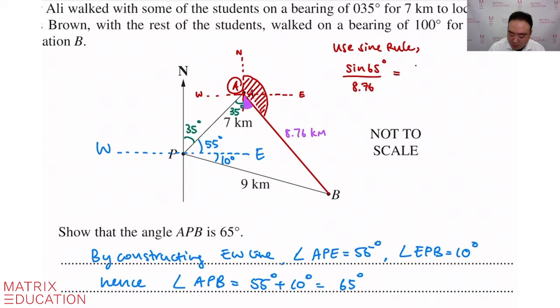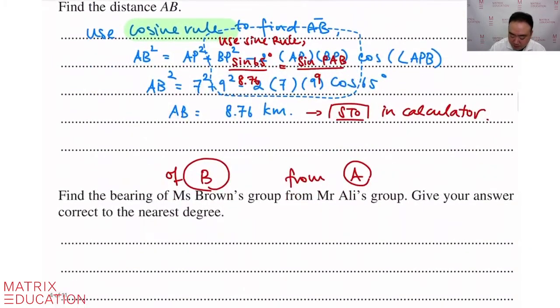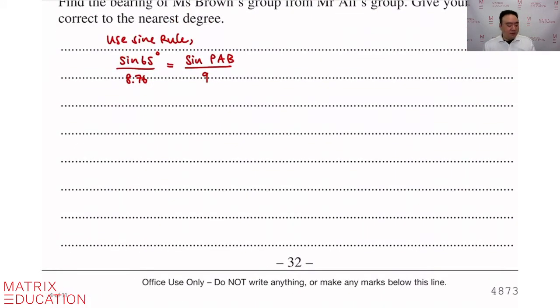That must be equal to sine of PAB divided by 9. And that's the equation that we have. Now I'm going to transfer this down to that section. If we use the sine rule, we have sine 65 degrees over 8.76 equals sine of PAB over 9. We want to find the angle PAB.